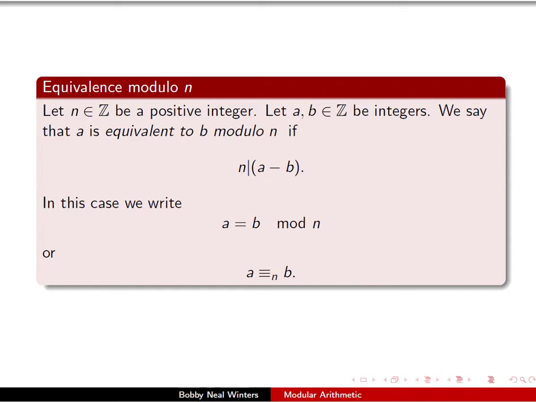So you take their difference, and if that's divisible by n, then they're equal modulo n. In this case we write that a equals b mod n. And since it's more compact, and I'm going to be doing this a bit, I'm going to write a ≡_n b. We read this as a is equivalent to b mod n. We say them the same way, so this is quicker to write.